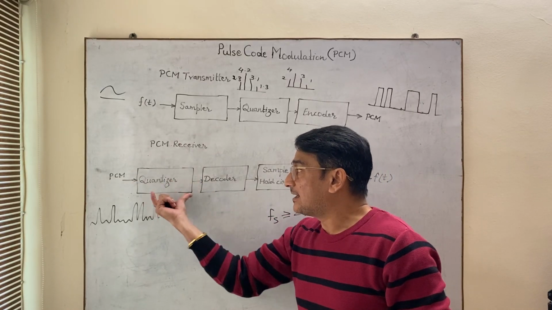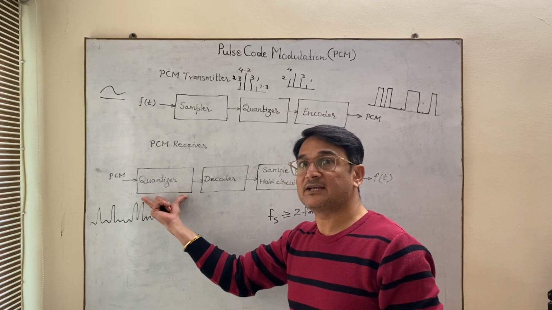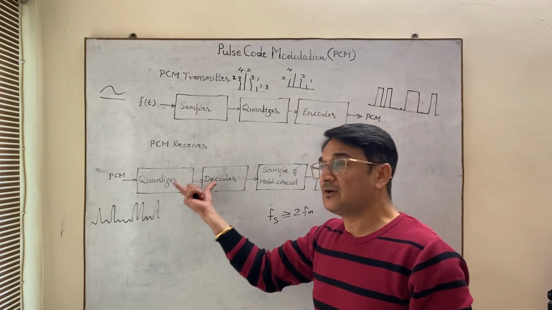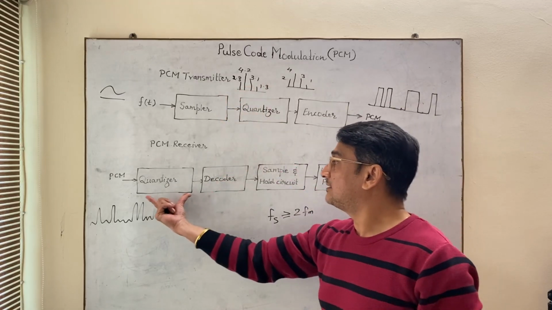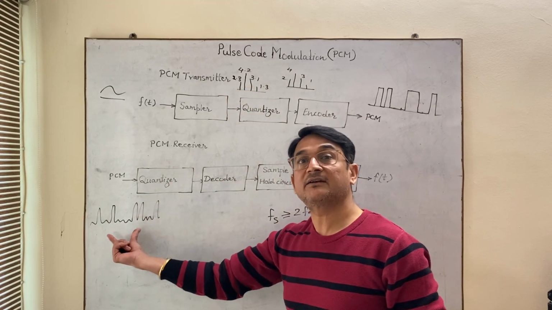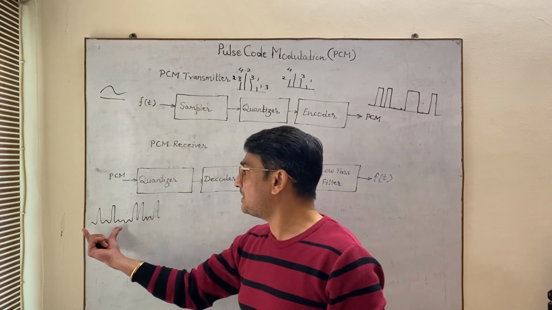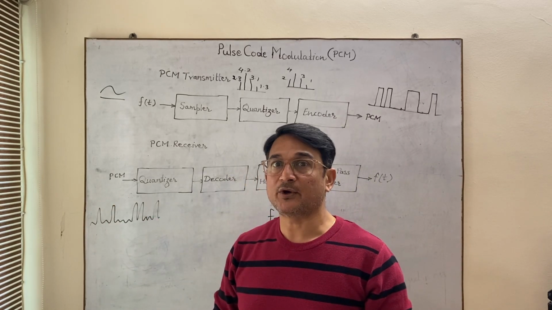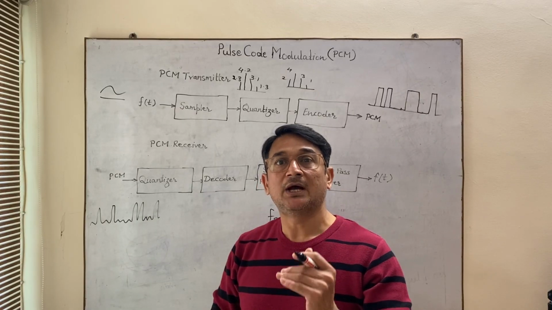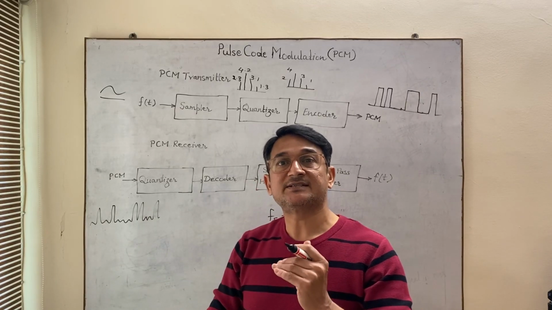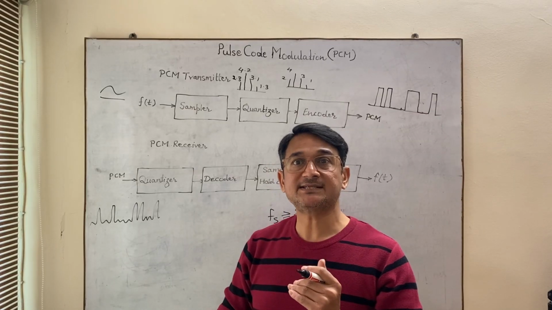At the very first block we have connected a quantizer. Now the quantizer at the receiver will not work the same as the quantizer of the transmitter. This quantizer will detect the presence and absence of pulses. That means if the signal is affected by noise, then we have to consider a threshold value above which we will consider the bit as 1 and below which we will consider the bit as 0.